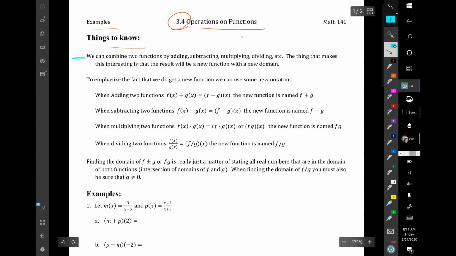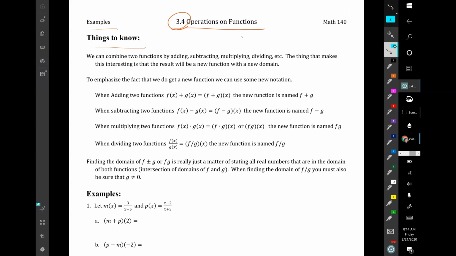Okay, so we can combine two functions by adding, subtracting, multiplying, dividing, etc. The thing that makes this interesting is that the result will be a new function with a new domain.